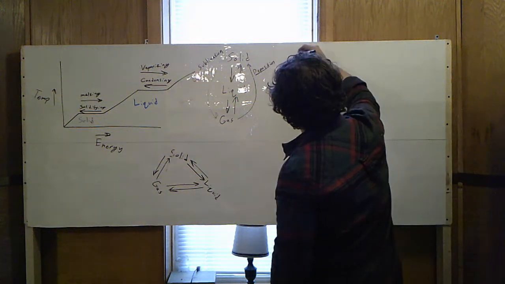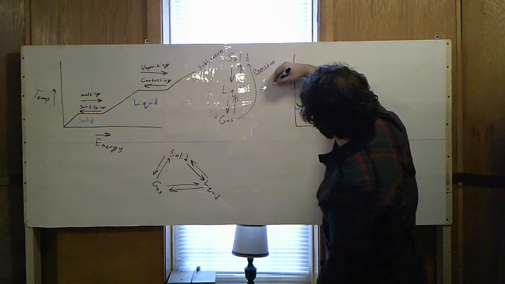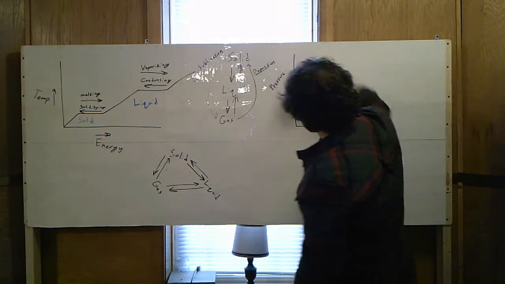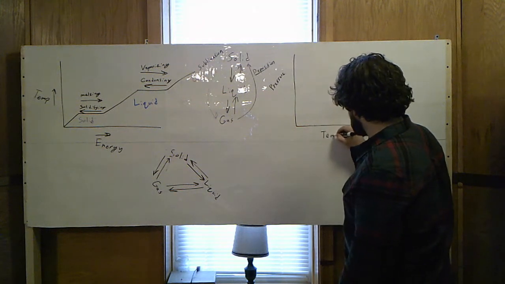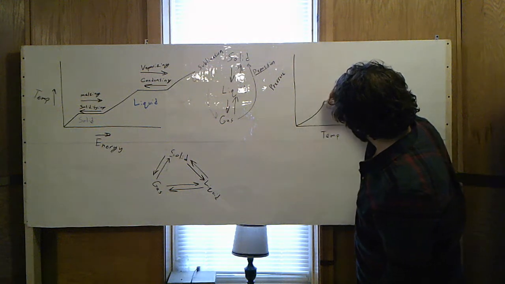And this is going to be another graph. This is one that you should definitely draw out. This is going to compare pressure with temperature. It's going to look something like this.